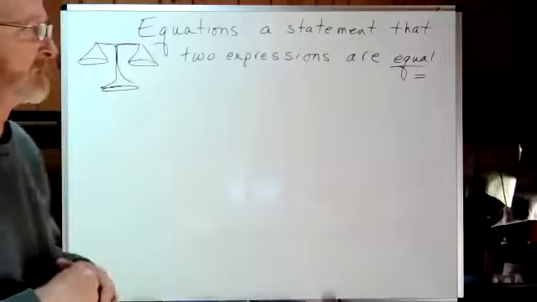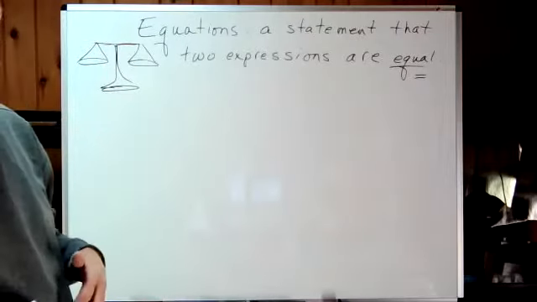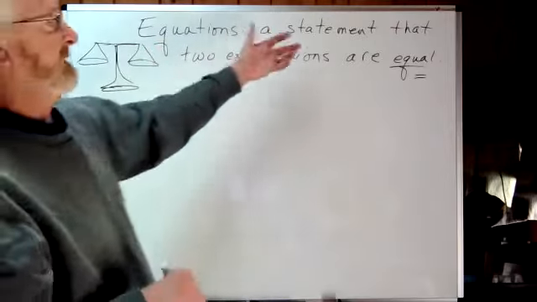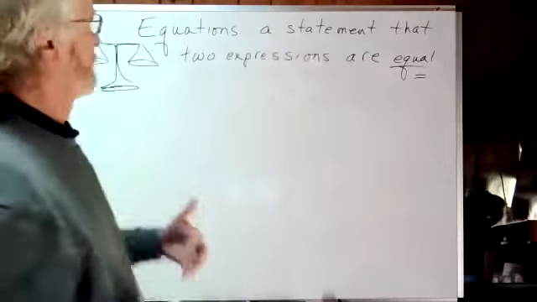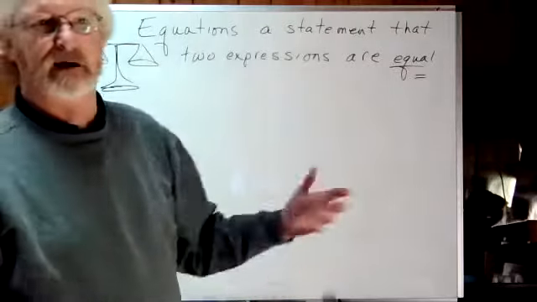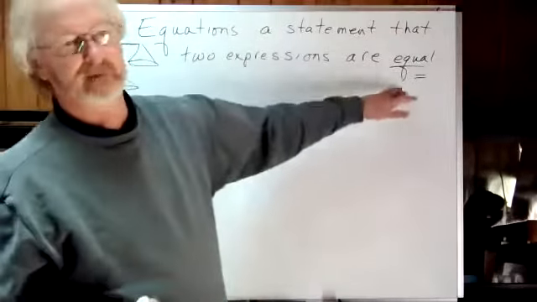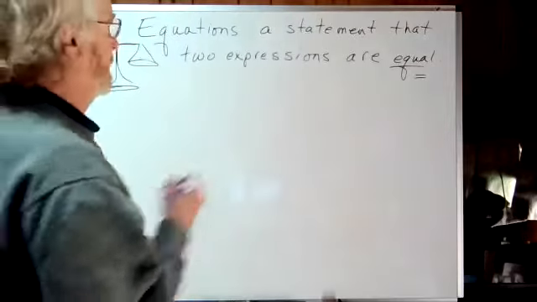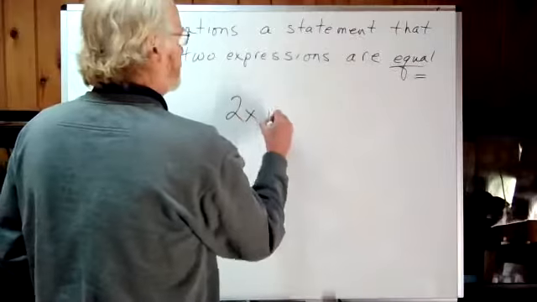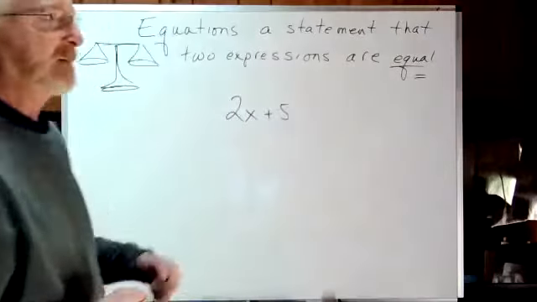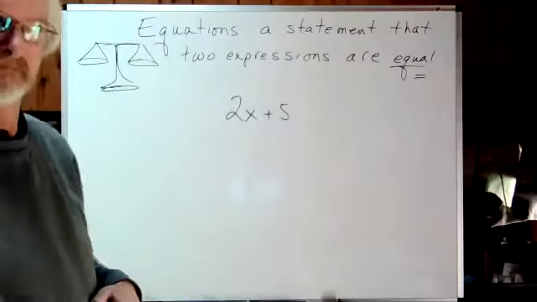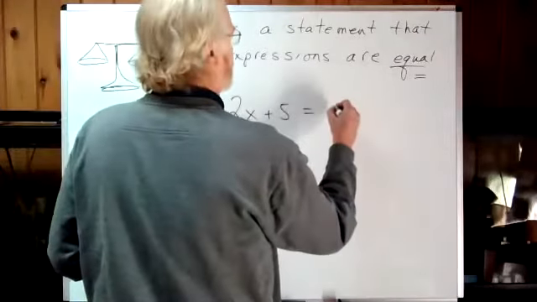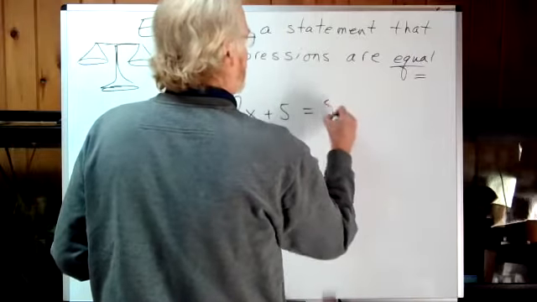So just to start out, a typical statement for an equation is a statement, like a complete sentence, that claims that 2 expressions are equal. Up till now, we really haven't worked with equal signs. So now we're going to get things that say this relationship, 5 more than twice a number, for instance, like on your test, is equal to 3 less than 5 times a number.